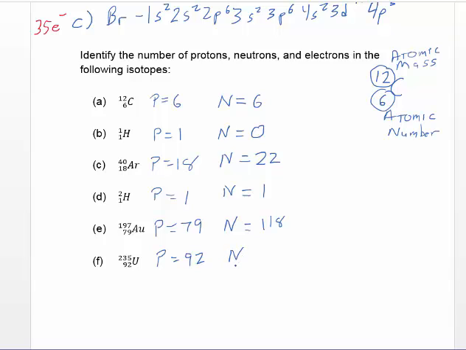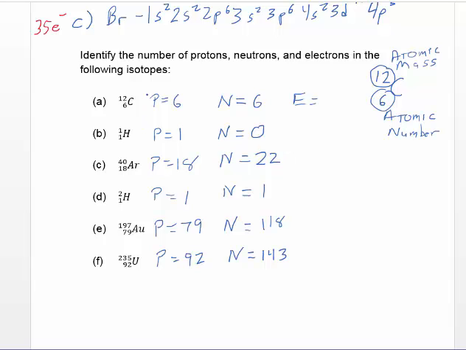And finally, for uranium, 235 for the atomic mass minus 92 would leave us with 143 neutrons.